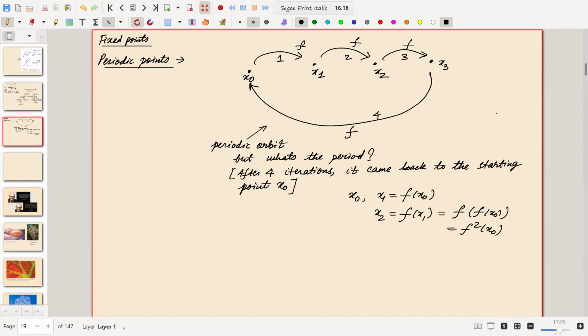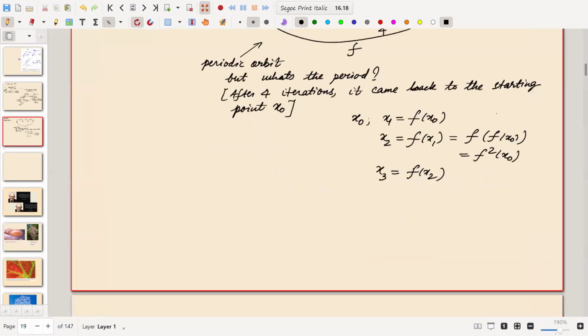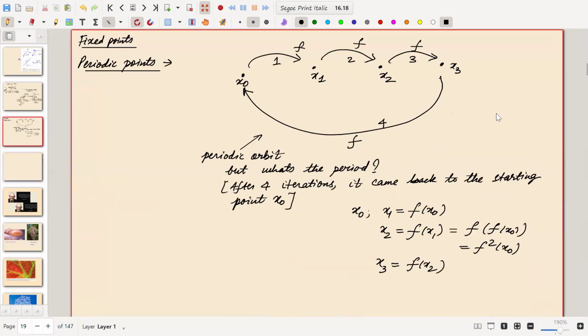Agree? Now what is x3? f of x2. And x2 is f squared of x naught, so f of f squared of x naught is f cubed of x naught. Agree?